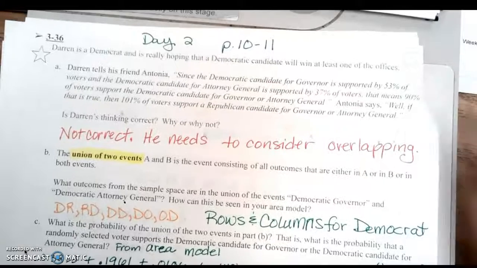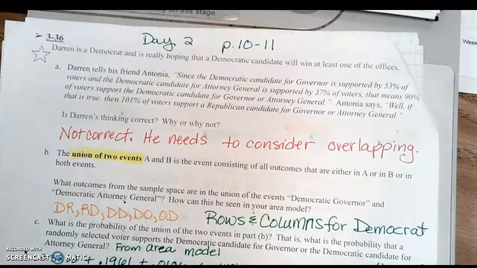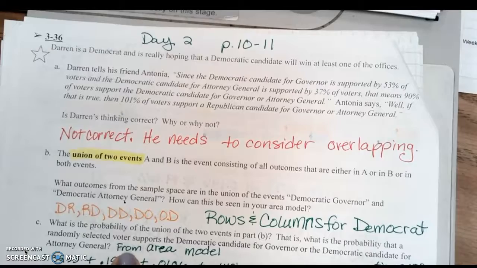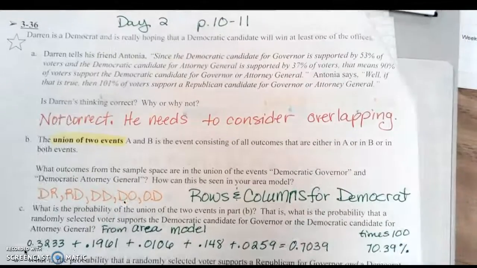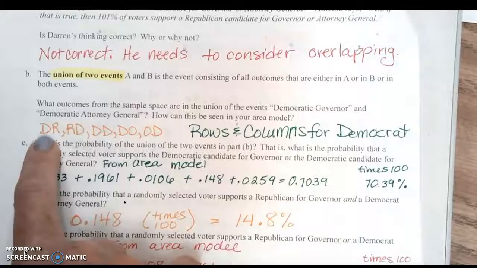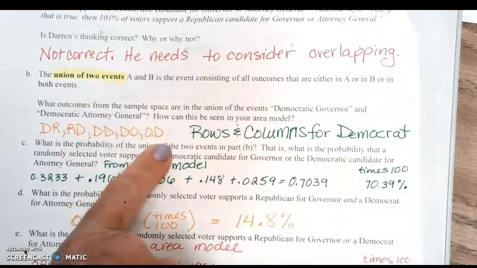Okay. Part C says, what is the probability of the union of the two events in Part B? That is, what is the probability that a randomly selected voter supports the Democratic candidate for governor or the Democratic candidate for Attorney General? Okay, so from the area model, we're going to add up all of the numbers that were in these boxes.